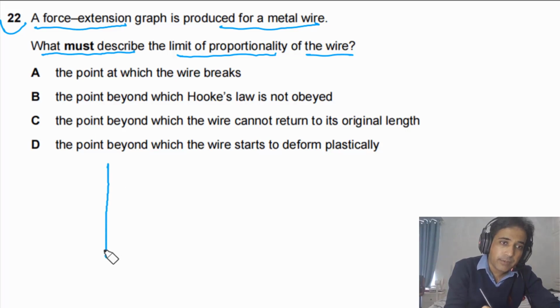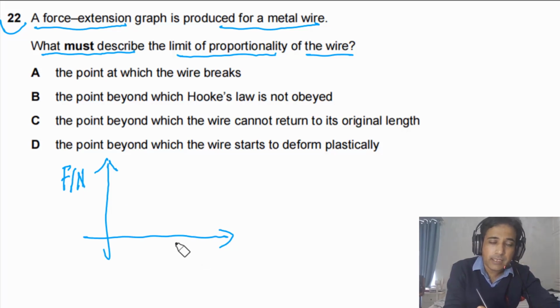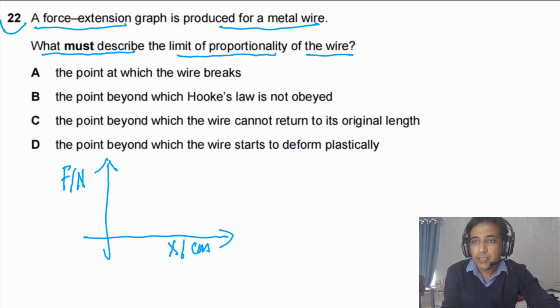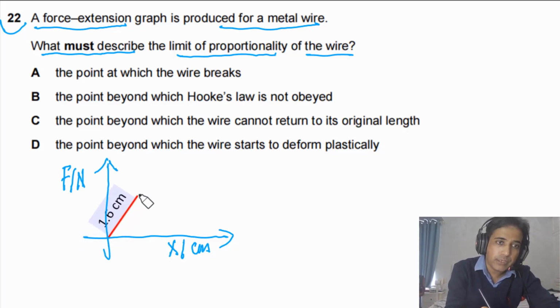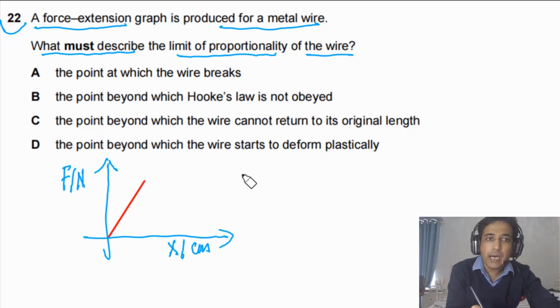Let's try to understand this with the help of a simple graph. Imagine we have force on the y-axis and extension on the x-axis. If we sketch the graph, the shape should be somewhat like this. Until this point, the two quantities are proportional. After that, the shape of the graph may be like this.